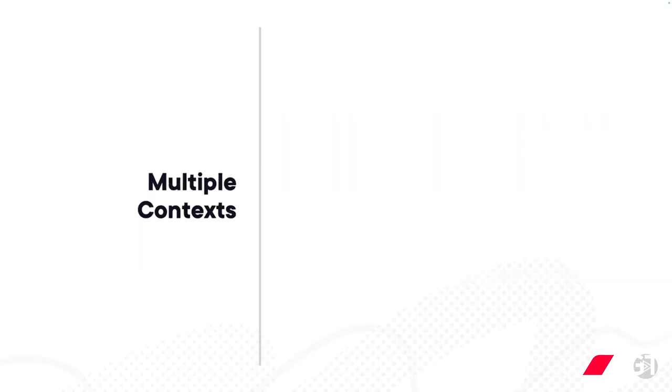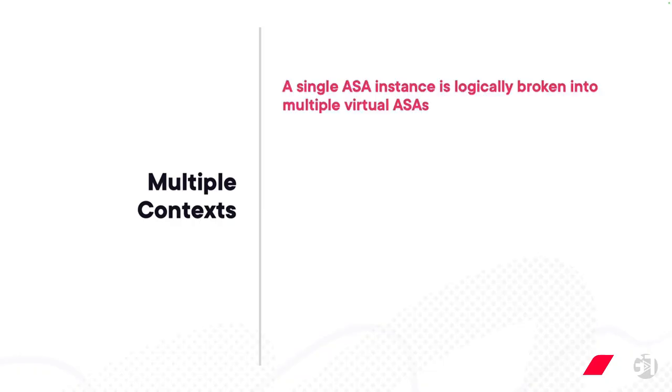Another option that could be beneficial for organizations is to deploy their secure firewall ASA with the use of multiple contexts. As the name implies, multiple contexts allows a firewall to be logically separated into multiple virtual ASAs. This is true for both physical ASAs as well as virtual ASAs, which is what I've been running in my lab.